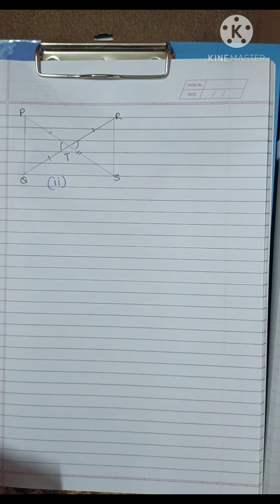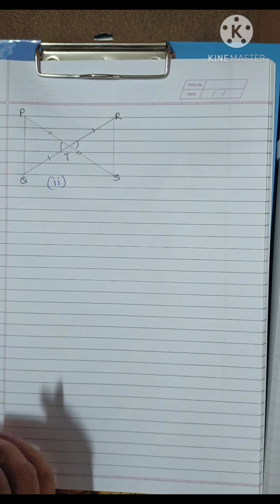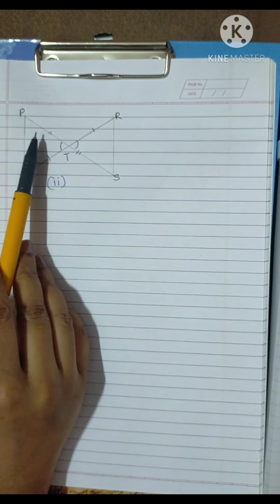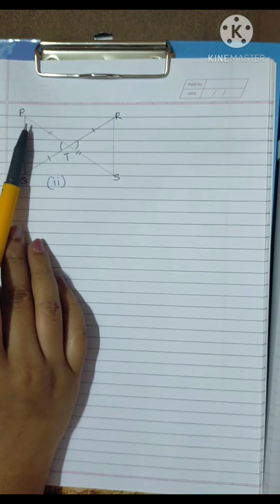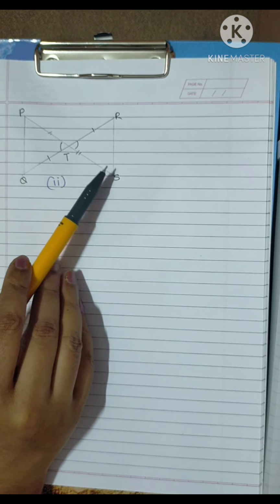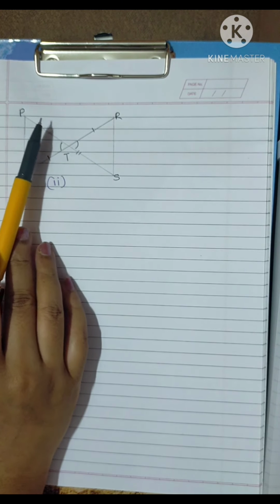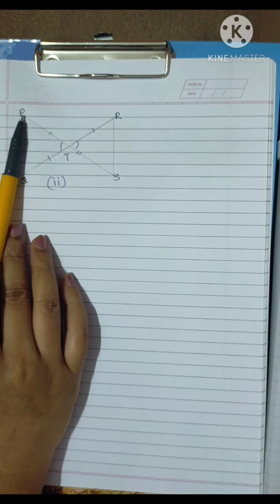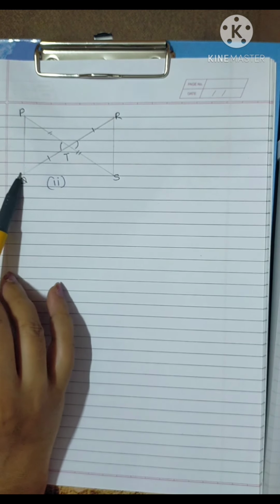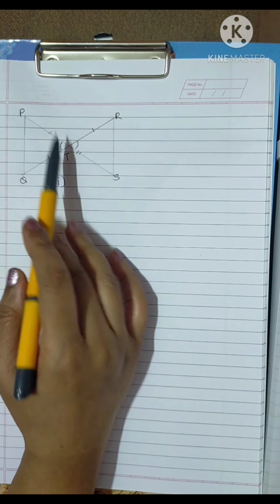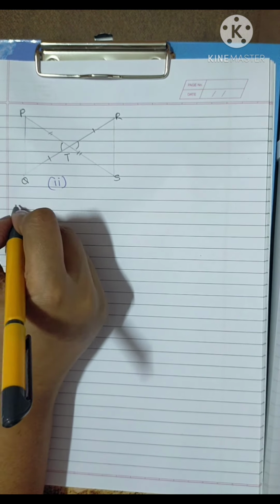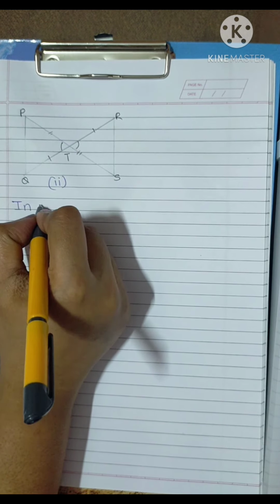Now this is the second diagram. Here you can see there are two triangles, PTQ and STR. We will write the given conditions.